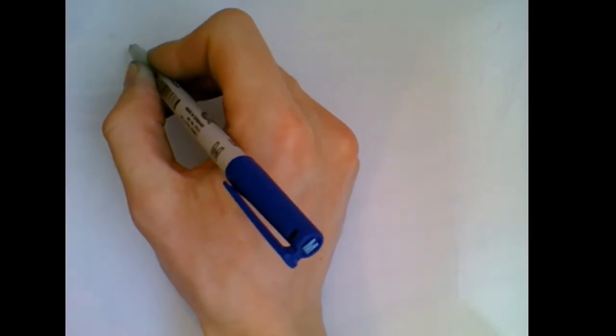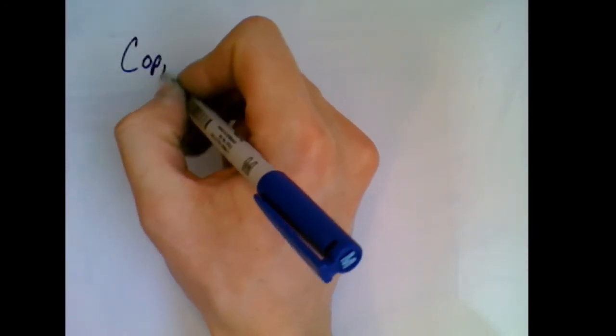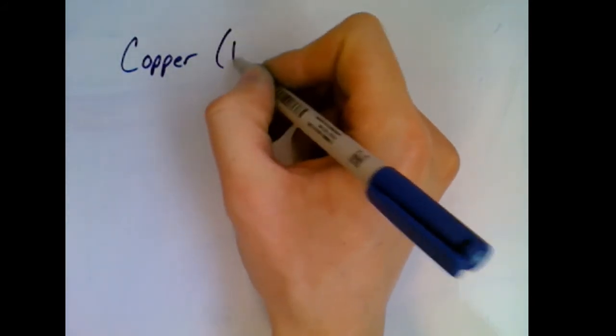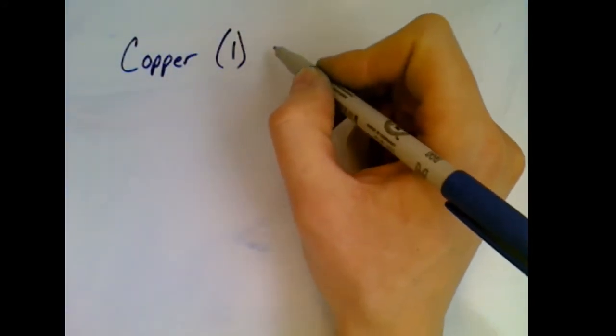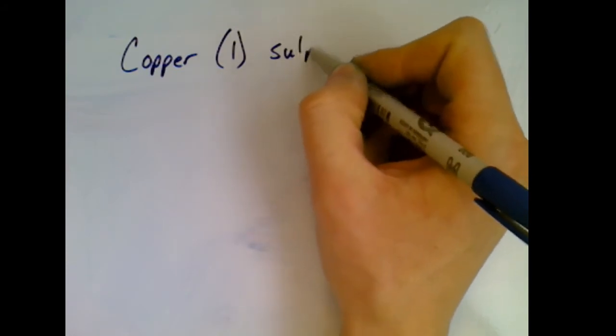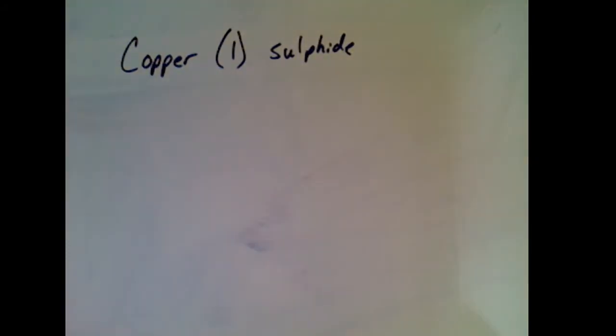So let's start with copper 1, let's say sulfide. What is that going to look like as a compound?